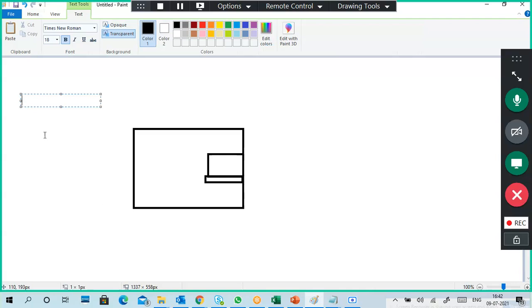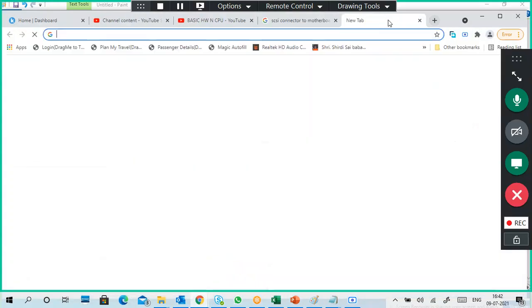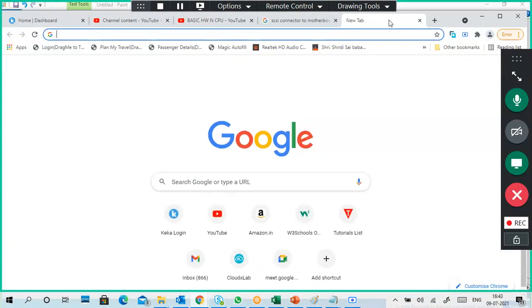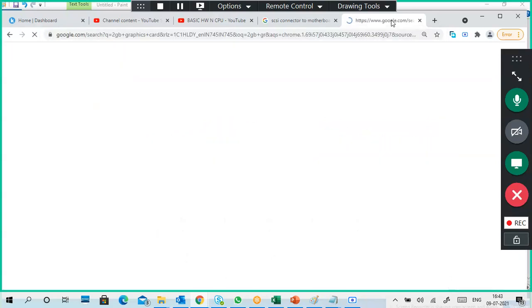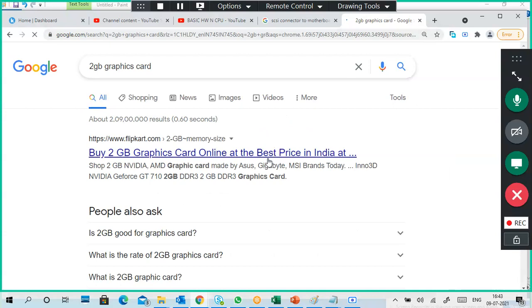Before going to the SCSI card, I want to ask a question: why do we need a graphic card? What is the graphic card? For the resolution of our screen display.